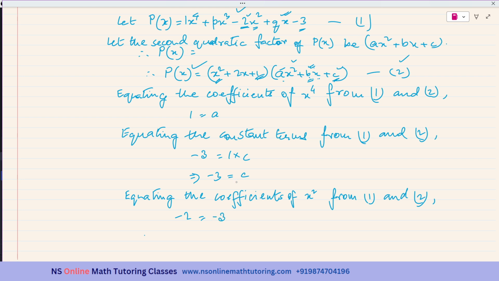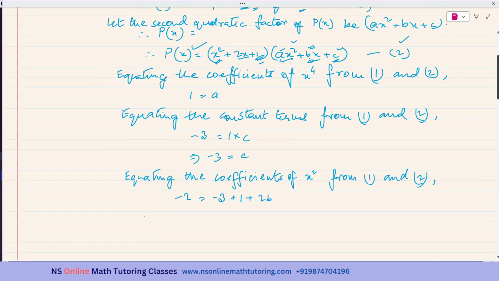So it is minus 3. Also if I multiply 1 with ax squared, a is 1, it will be 1x squared, so it is plus 1. And if I multiply 2x with bx, I get 2bx squared, so it is plus 2b. Minus 3 plus 1 is minus 2, and this side also I have minus 2. So 2b will be equal to 0, or b is equal to 0.